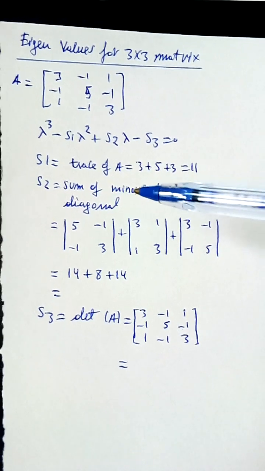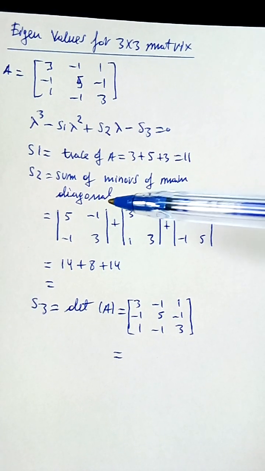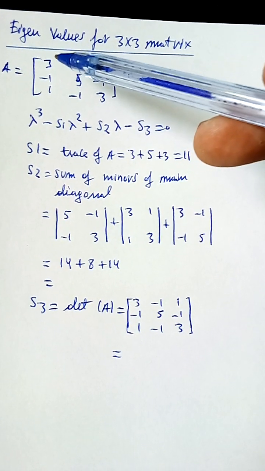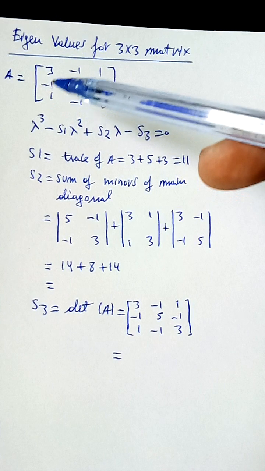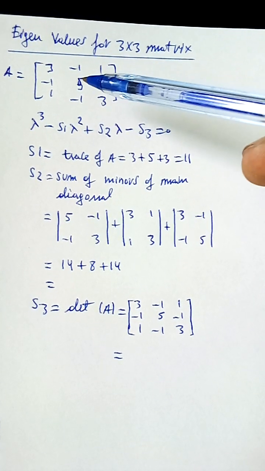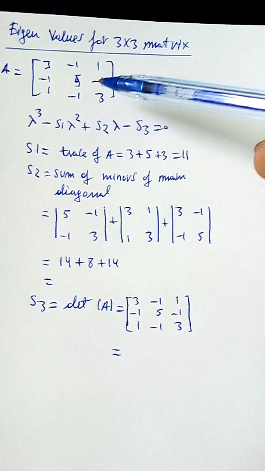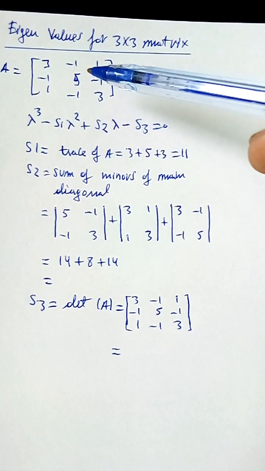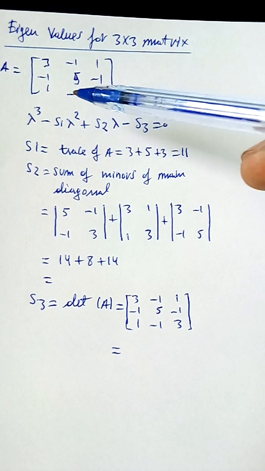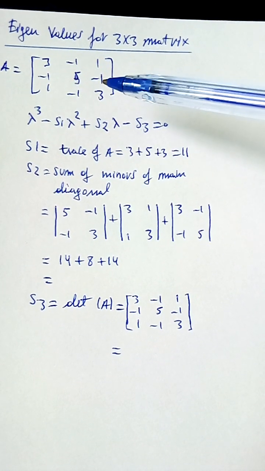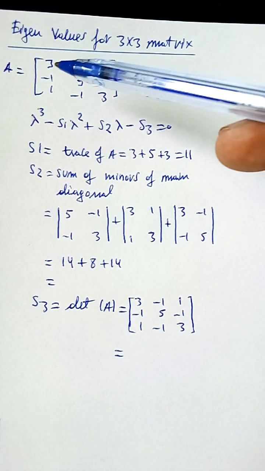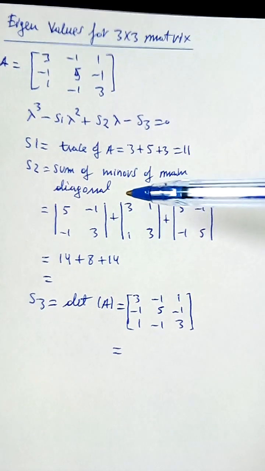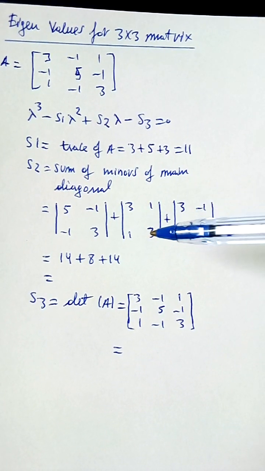S2 is the sum of the minors of the main diagonal. It means we remove the first column and first row, and you stay with 5 minus 1 minus 1 3. Plus, you remove the second column and second row, and you stay with 3 1 1 3.